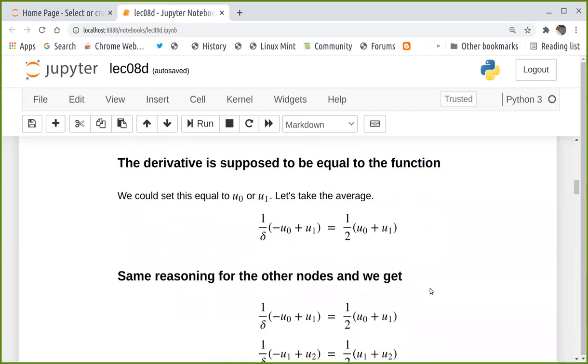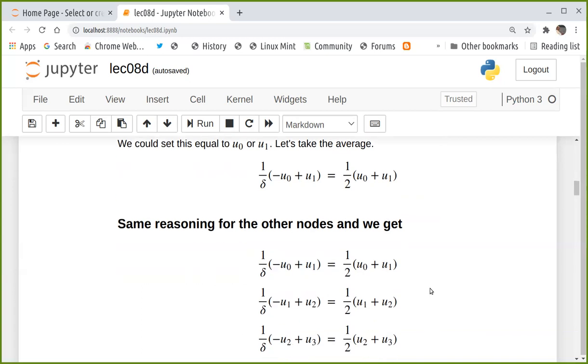Okay, so is it okay, this right-hand side, 1/2 of u0 plus u1? I mean, it would be perfectly fine to take u0 as the estimate if you wanted to, but there are different ways of doing this. So this is the way we do it. For this problem, I've decided that's the way I'm going to do it.